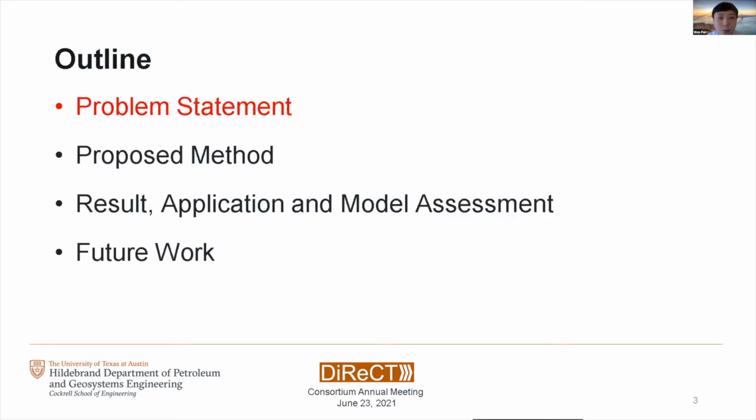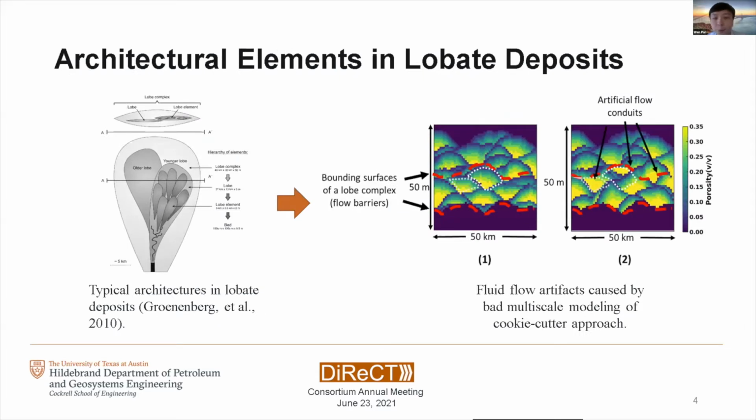All right, so what are the problems with the classical reservoir modeling method? The first problem I'm going to mention is the problem with multi-scale modeling. When we're talking about multi-scale modeling, we're actually talking about the hierarchical architectures in our geological sediments, such as in this Lobe deposit on the left.